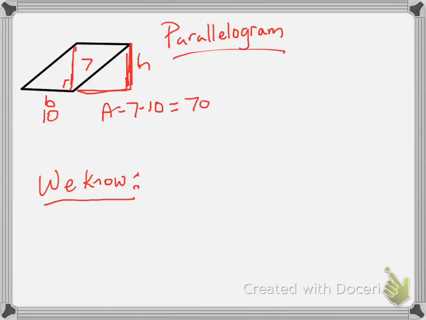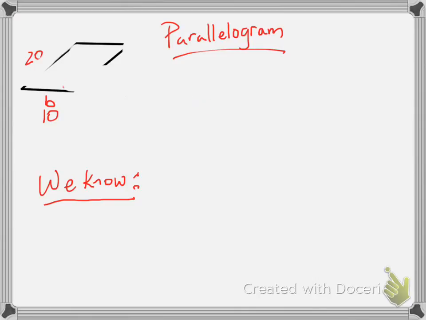Don't fight the temptation to just take two numbers and multiply them together, because there might be an extra number there, like a 20. But we don't measure height at an angle. What you can use when you know another measurement with the sides is that you might have a rectangle where you're trying to find a missing piece of information.